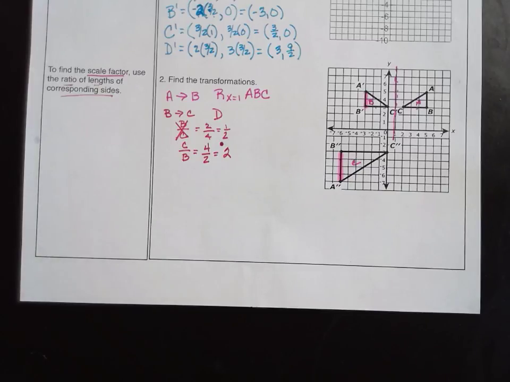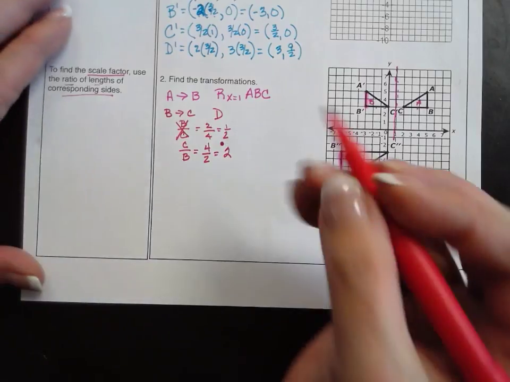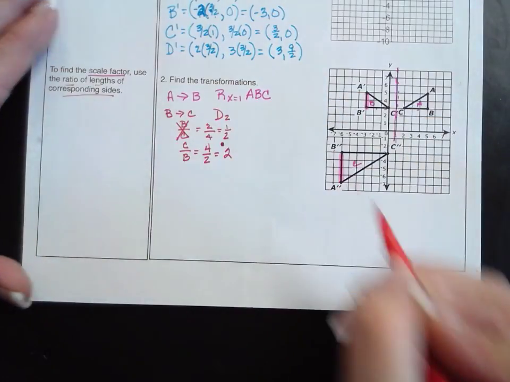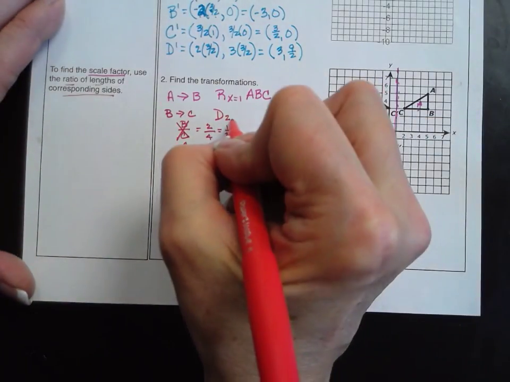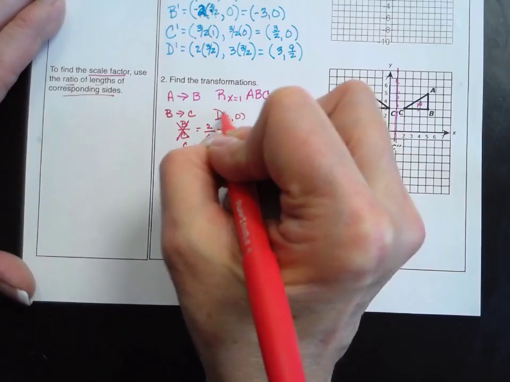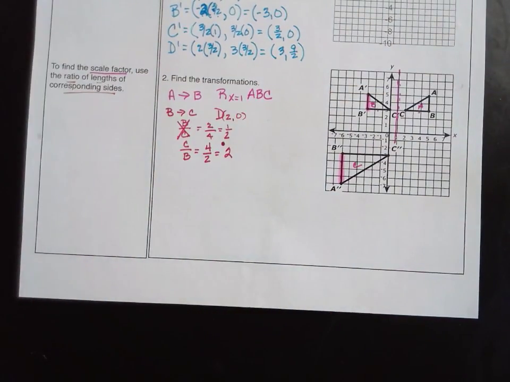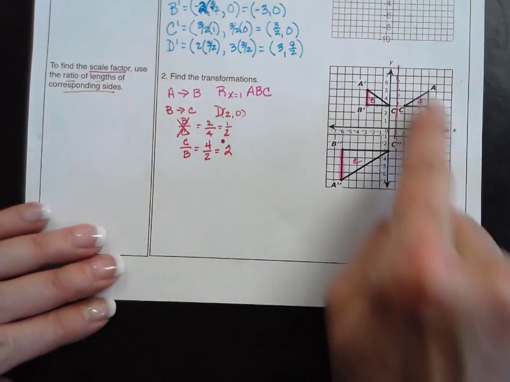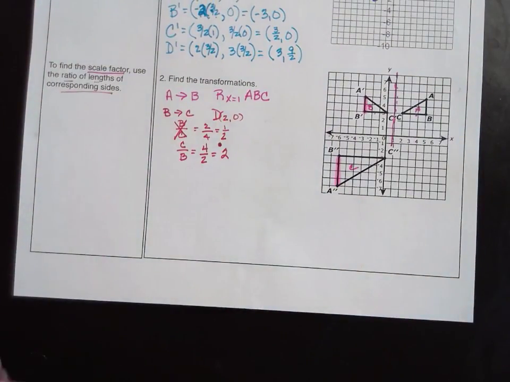Okay, so you kind of have to watch that one and just kind of look at it and go, is this bigger or smaller? All right, so I have a dilation of 2, and we're going to do it about the origin. Perfect. All right, and that's just how you find your scale factor to do your notation. Okay, because right now we're not worrying about whether it's about the origin or not. All right, good?